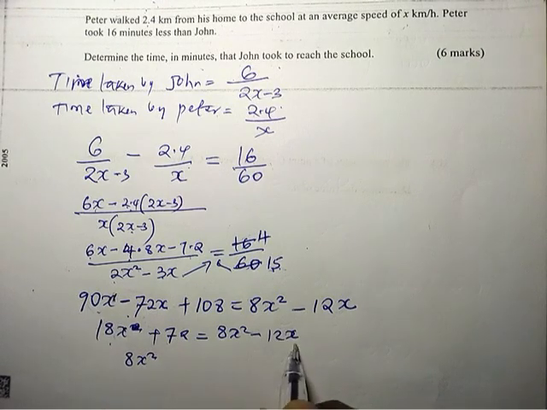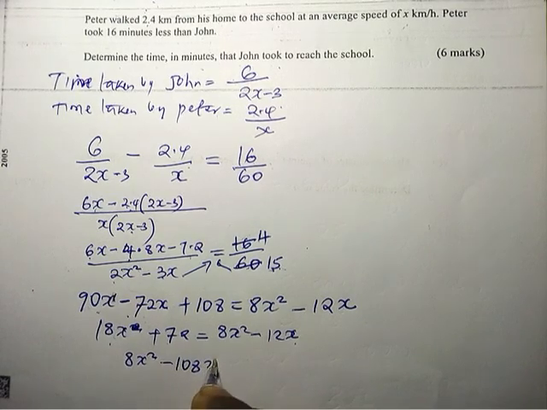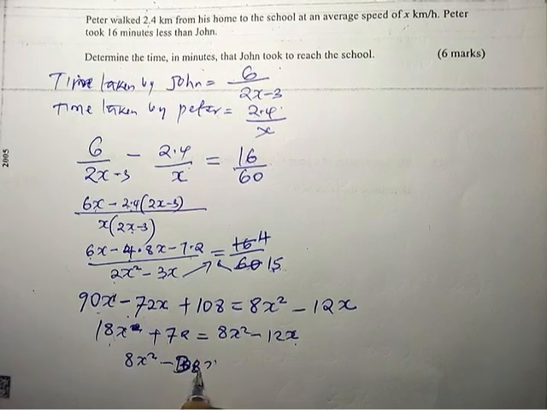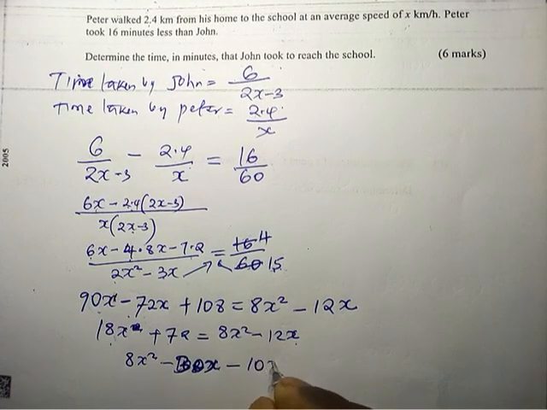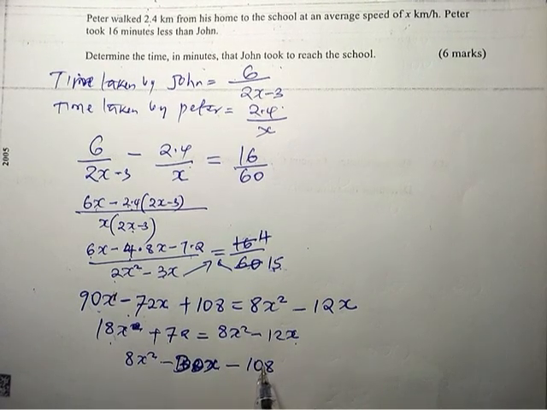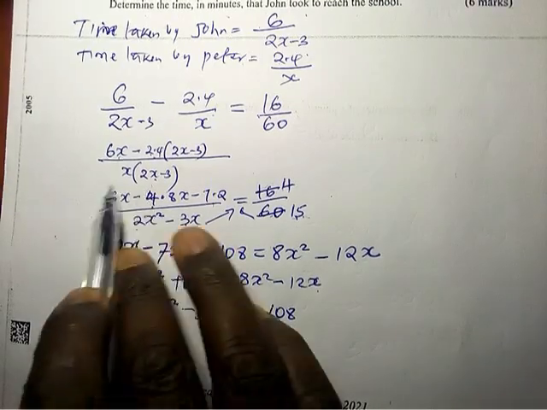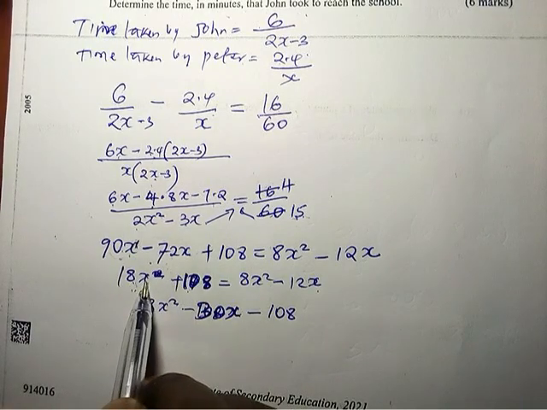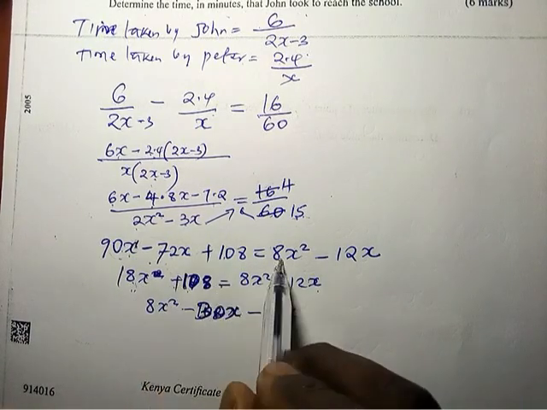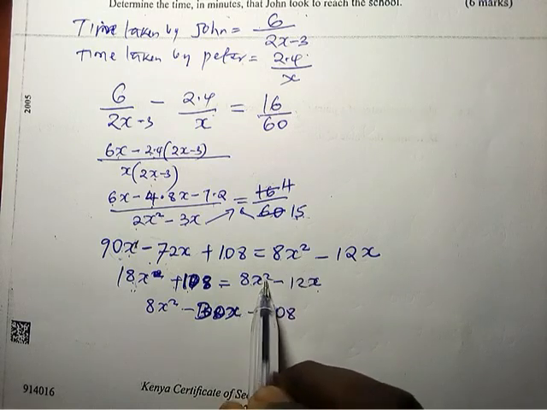This one going here will be subtraction, so it will be negative 108x. No, it will be negative 30x and then minus 108. Remember here we had 90x minus 72x is 18x, okay? Plus 108 is equal to 8x squared minus 12x.